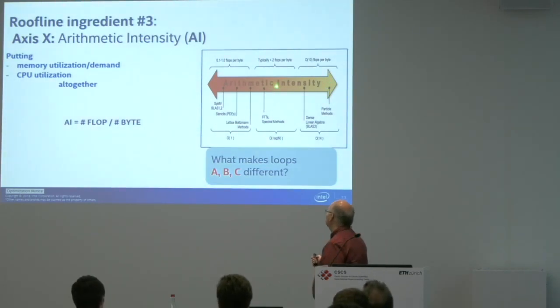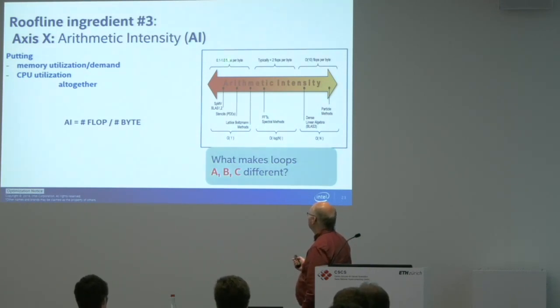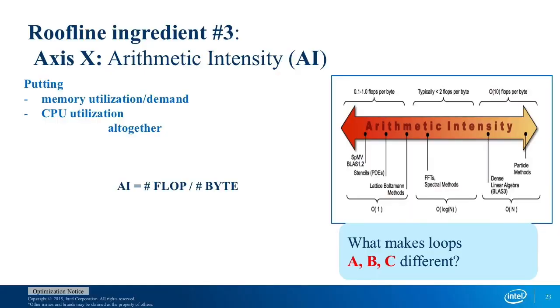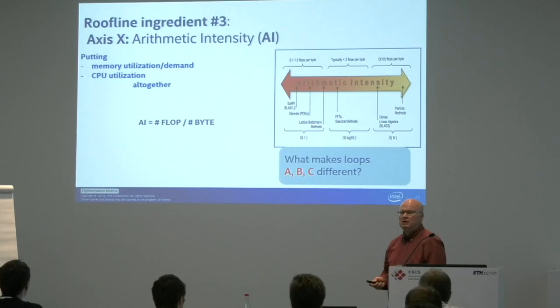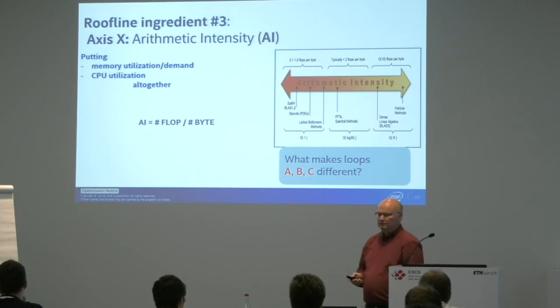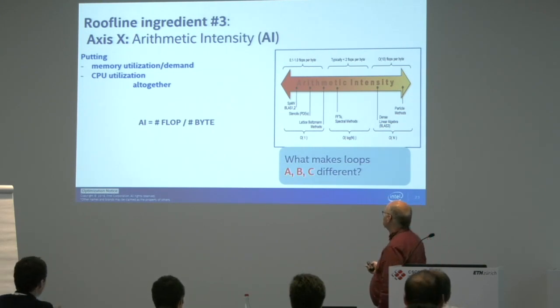Then in the mid-range, you have something like FFTs, and the worst stuff is sparse BLAS, stencils, or lattice Boltzmann methods, where you have arithmetic intensities below 1, which means that you are bandwidth bound in these applications.